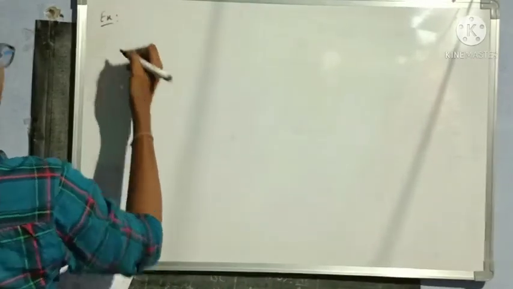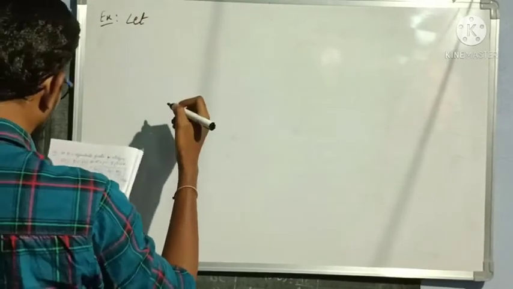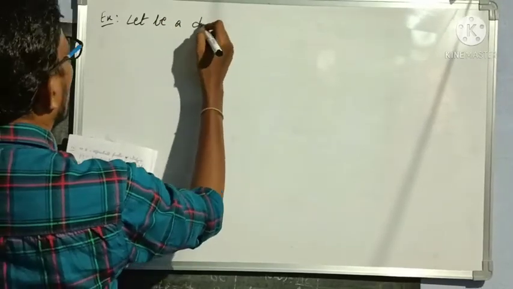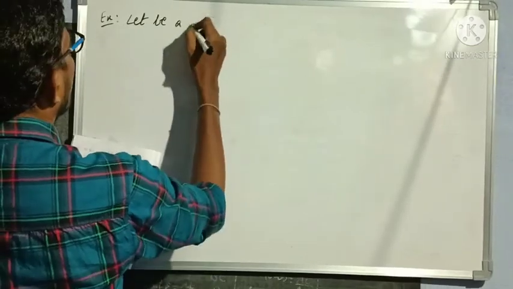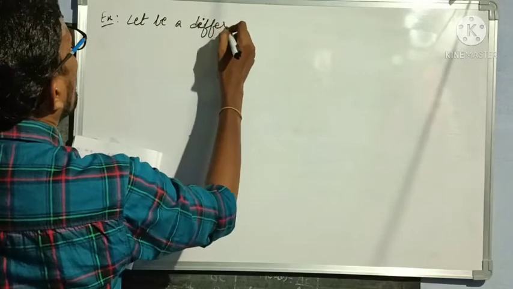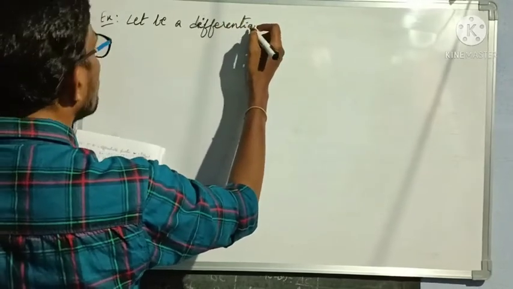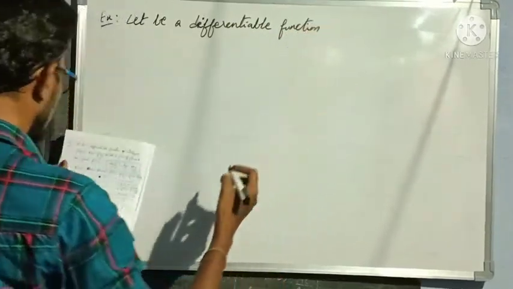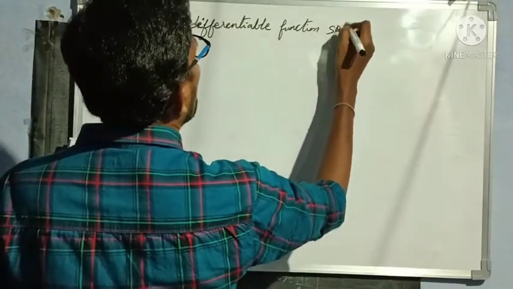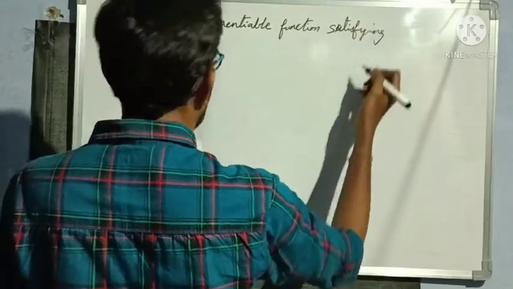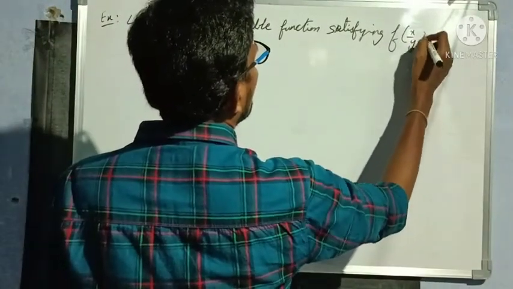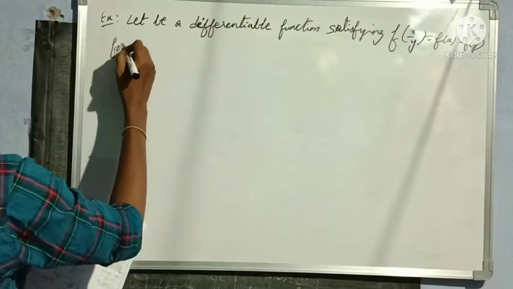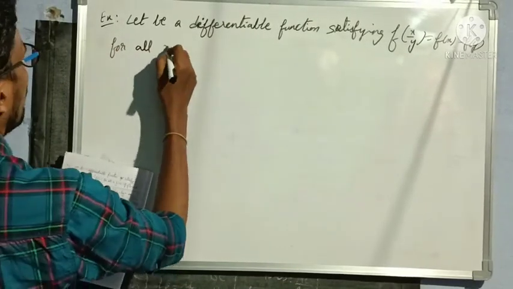So example, let f be a differentiable function satisfying f of x by y is equal to f of x minus f of y for all x, y greater than 0.